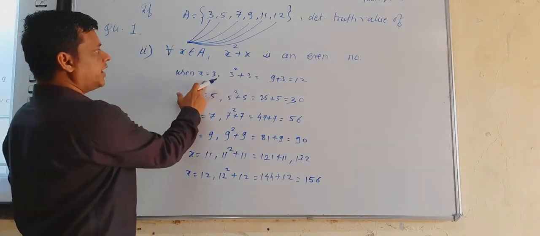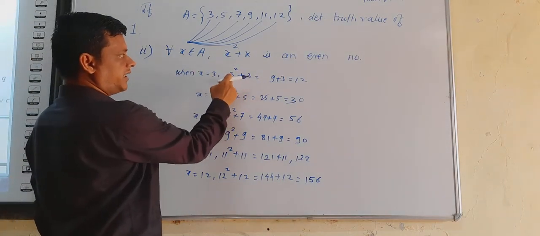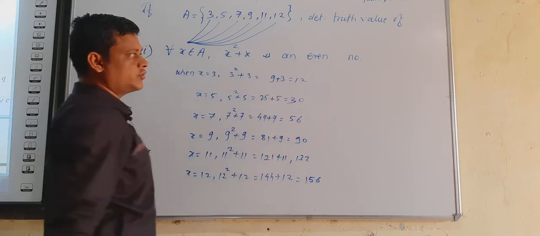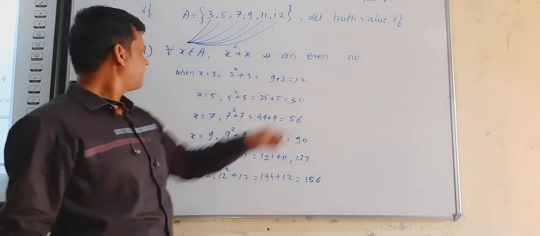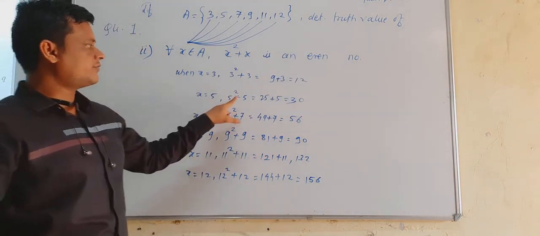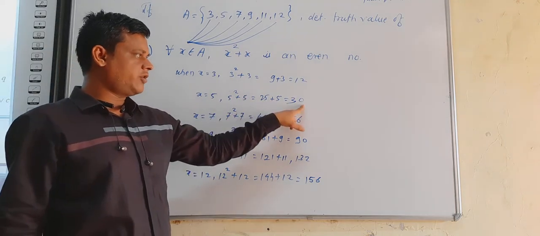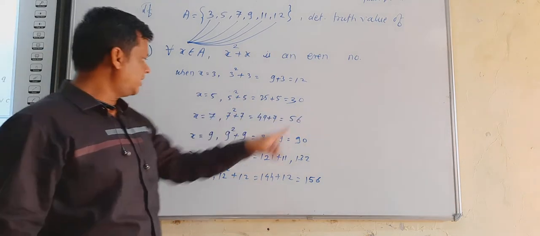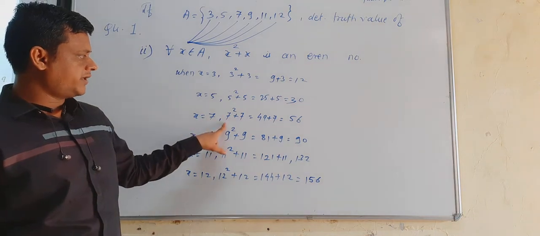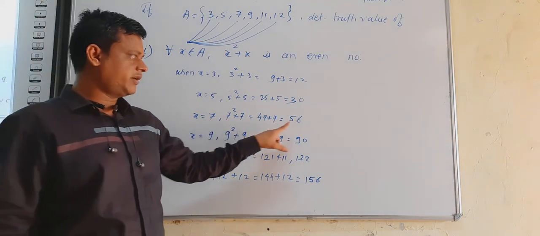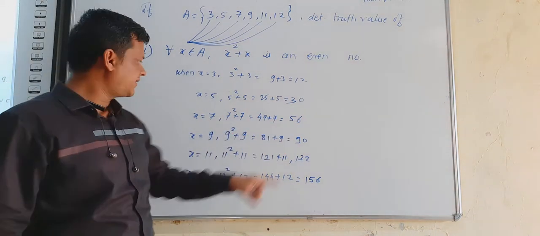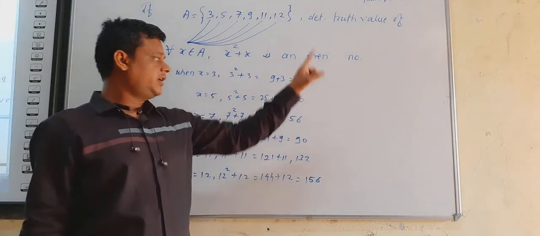When x equals 3, 3 square plus 3, that is 9 plus 3 equals 12, 12 is an even number. For x equals 5, 5 square plus 5, that is 25 plus 5 equals 30, this is an even number. X equals 7, 7 square plus 7, that is 49 plus 7, which equals 56, which is again an even number.